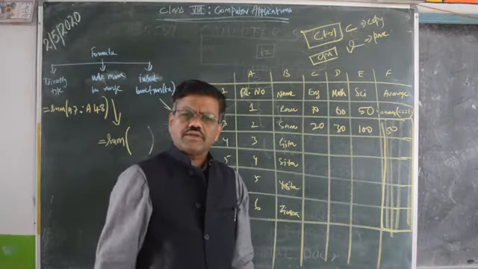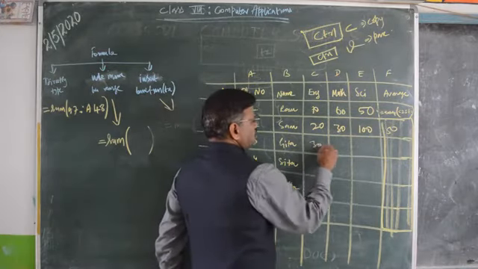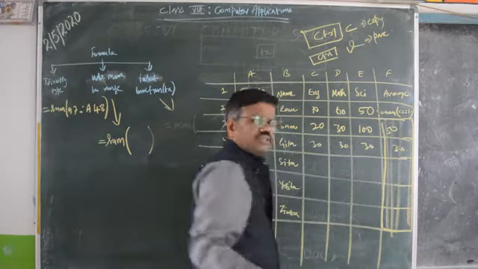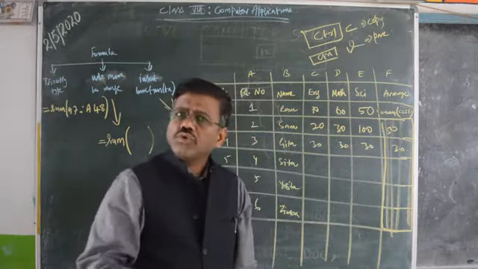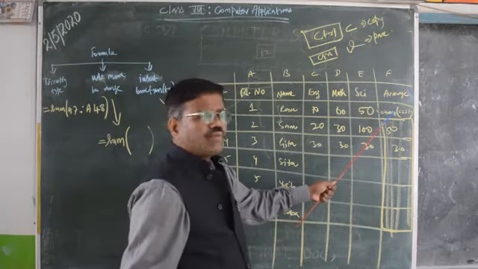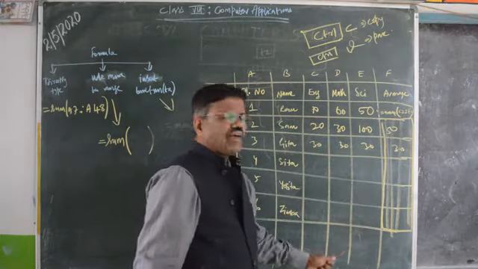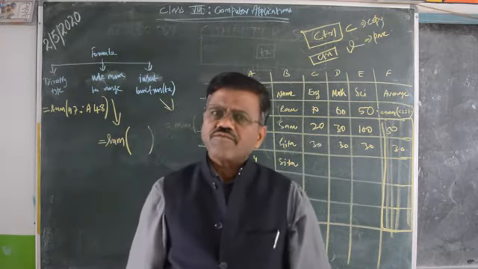Any number for that matter. I give here 30, 30, 30. Automatically 30 will come. This calculation we need not do, because the formula has been copied and pasted. So as you enter the values, the average gets computed by itself.